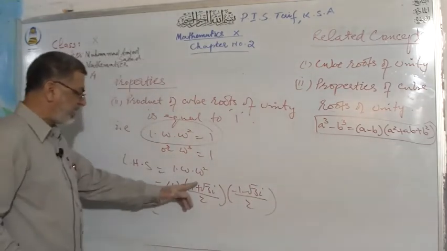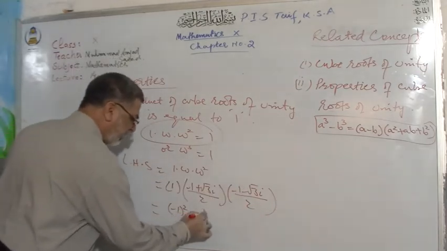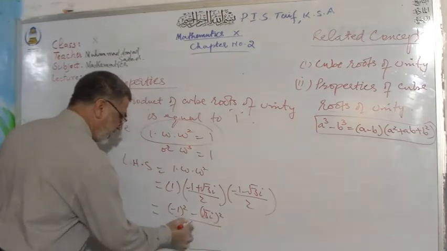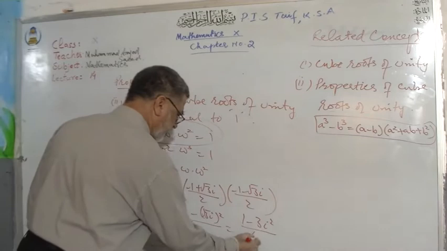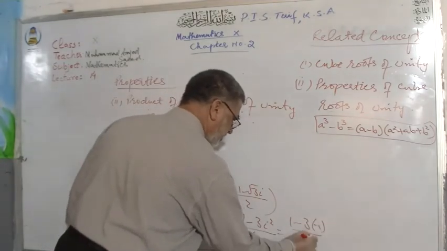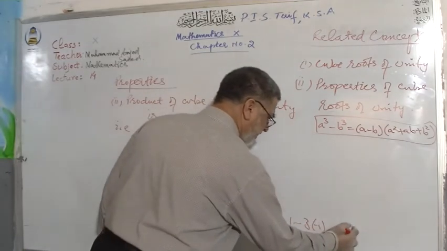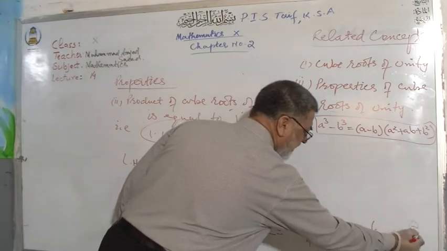This is a positive sign, this is a negative sign. First square minus second square divided by 4. 1 minus 3 iota square over 4. 1 minus 3 iota square means 1 plus 3 over 4. 4 over 4, that is equal to 1, which is the right hand side.